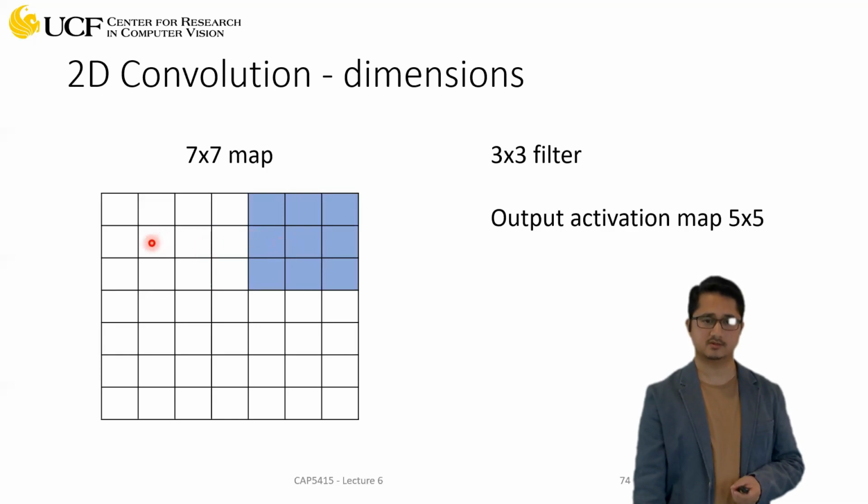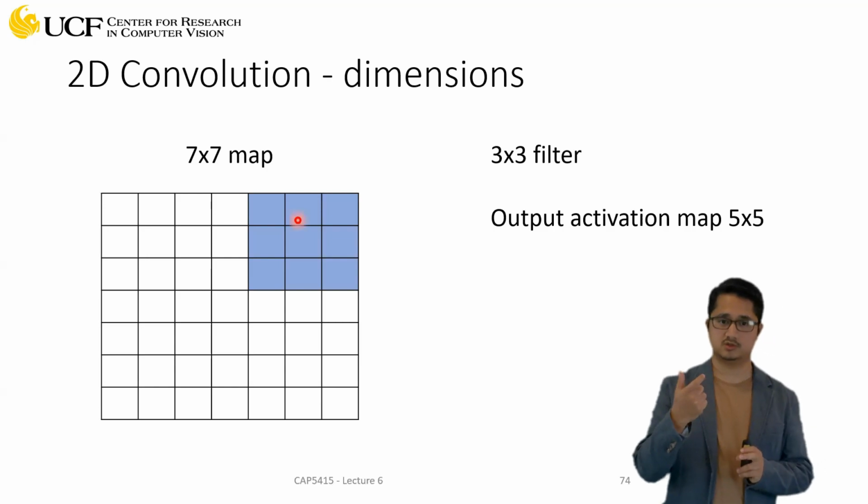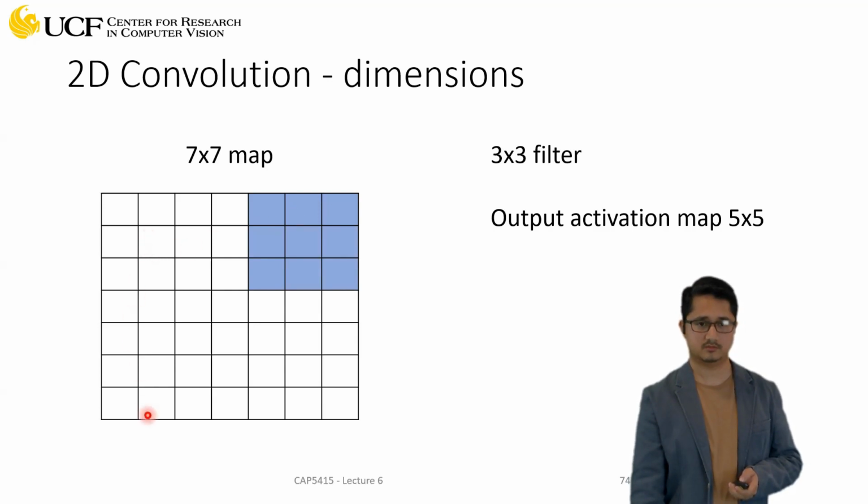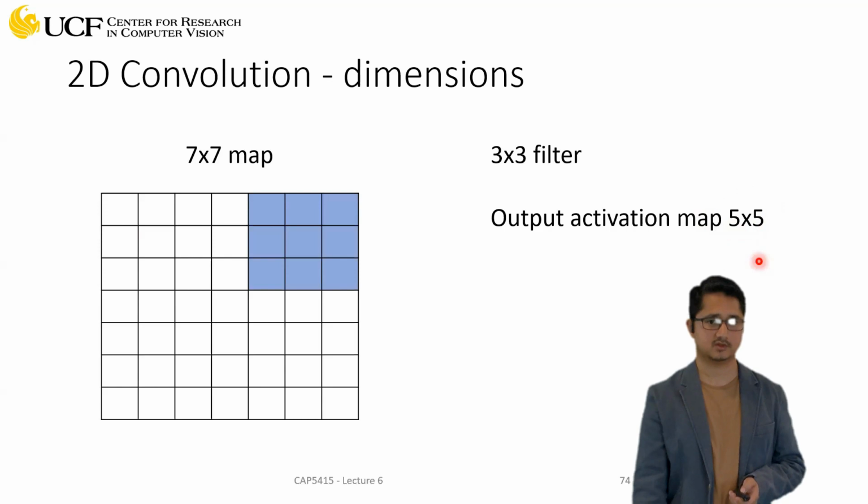As you stride from left to right, you are able to place it at 5 different locations, starting from this one, 1, 2, 3, 4, and 5. If you're able to place it at 5 locations, that means you are going to get 5 different activation values as you move from left to right. And the same thing will happen if you move from top to bottom. So that will result in an output activation map which will have resolution 5x5. Okay, which means that if you have an activation map of 7x7 using a 3x3 filter, your resolution will reduce from 7x7 to 5x5.